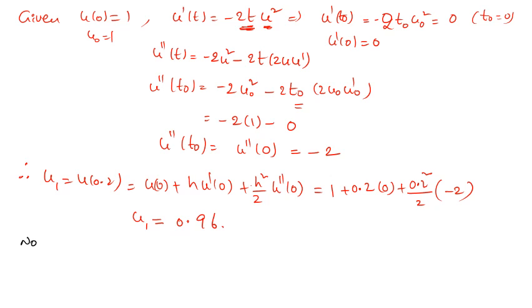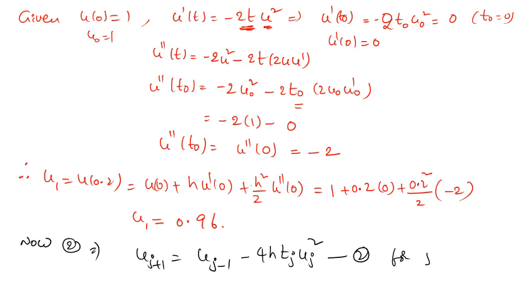Now what is the formula? Equation 2 implies u(j+1) equal to u(j-1) minus 4h tj uj square. Equation 2, this is for j equal to 1, 2, 3, 4. Now let us substitute one by one.